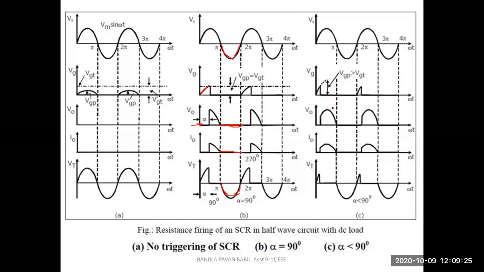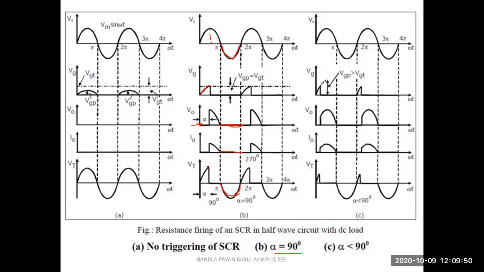What about this with increase in alpha? If alpha is equal to 90 degrees, that is the maximum conduction, because look here, this is for a half cycle, and this is the maximum voltage. I hope you can see the dotted lines at 90 degrees conduction.